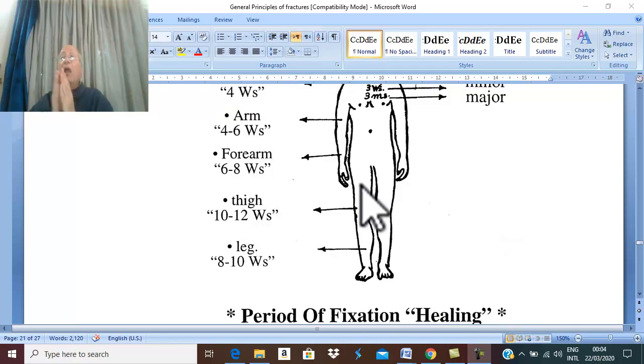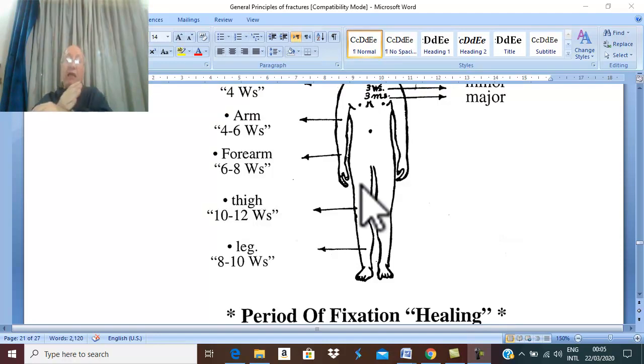And the patient should be hospitalized after application of the plaster cast for at least 24 hours to observe the distal circulation of the limb, for fear that a tight cast may compress the veins leading to edema, compress the arteries leading to Volkmann's acute ischemia, or compress the nerves leading to sensory loss.